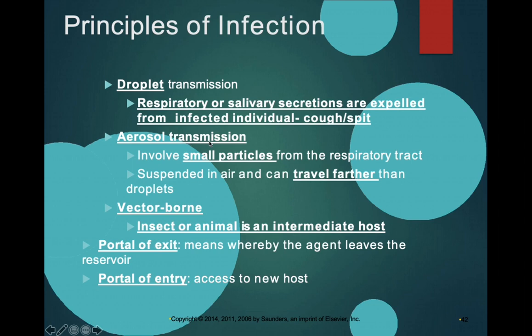An aerosol transmission involves smaller particles from the respiratory tract, right? There's a difference from speaking to someone or maybe coughing on someone. So the aerosol transmission can be suspended in the air and travel farther than droplets. Vector-borne transmission, right? These are things that can be spread through insects or animals. Those are the intermediate hosts.